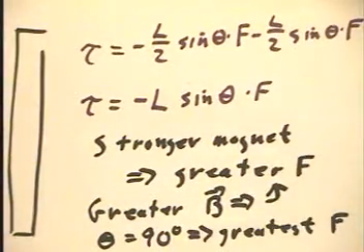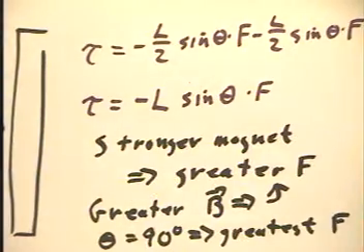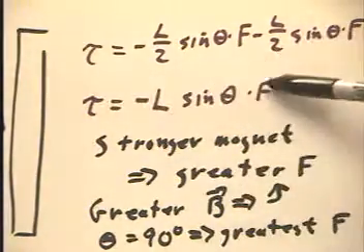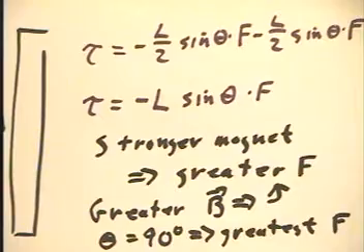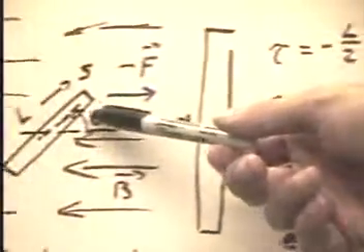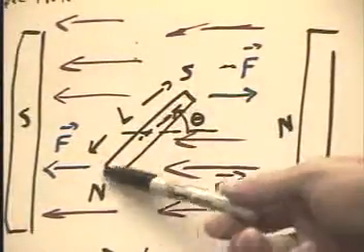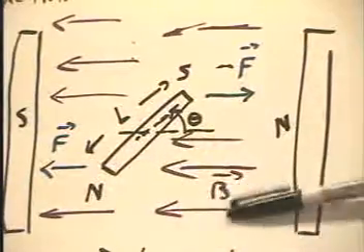Now we note that the torque is proportional to the force, and the force F is going to be proportional to the strength of this bar magnet for a given magnetic field.